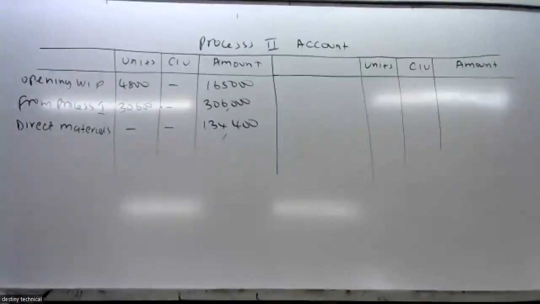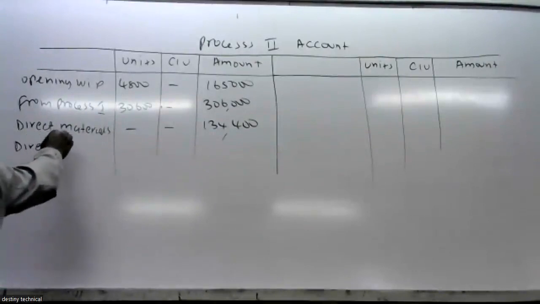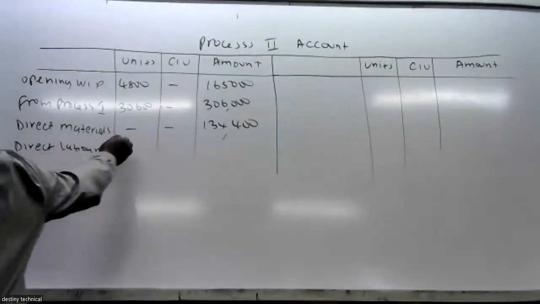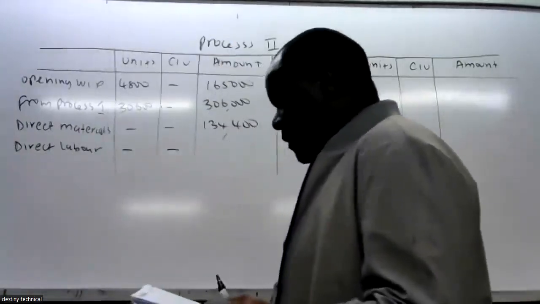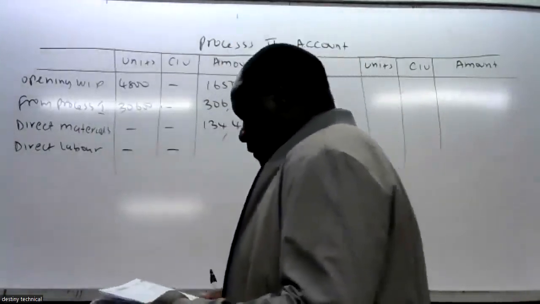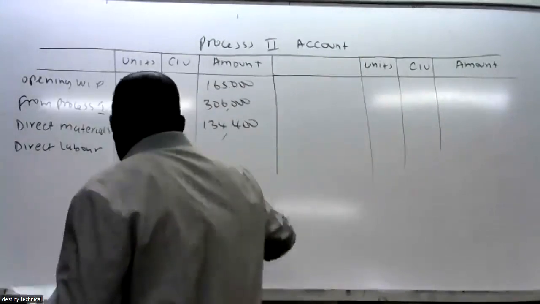The next one is direct labor. Direct labor, it is 394,200.